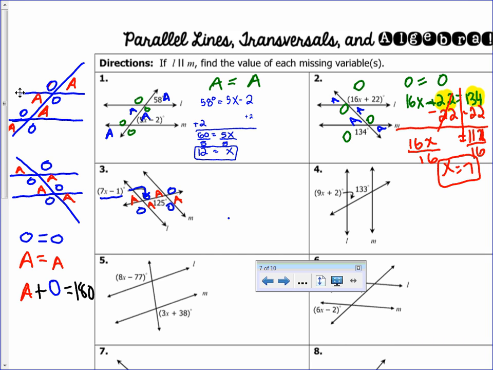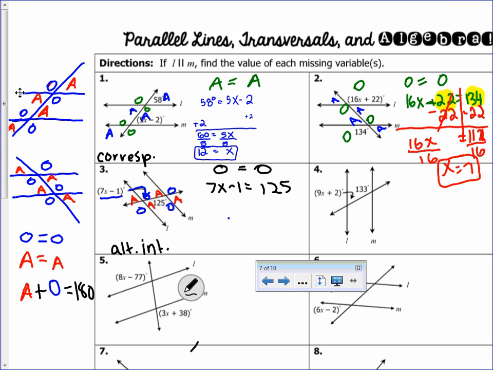So I have two obtuse angles, or two alternate interior angles. In fact, I'm going to go back and put the type of angles. These are corresponding. These are corresponding. These are alternate interior. Alright, so I have two O's. That means O equals O. That means 7x minus 1 equals 125.